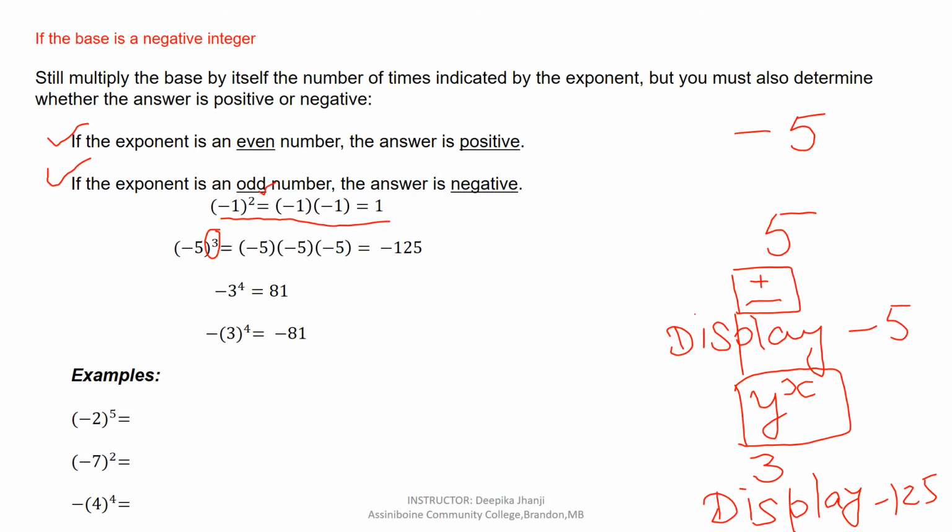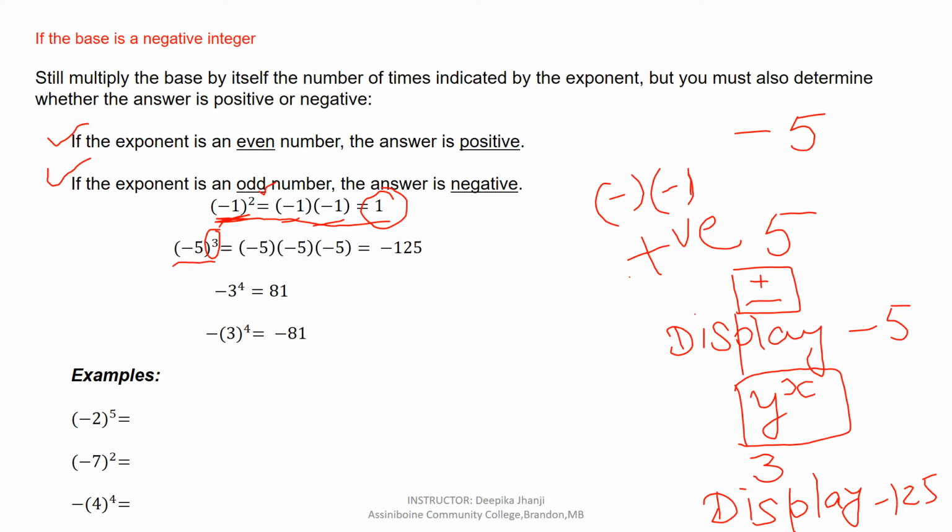If we expand this exponential form, what do we get? -1 times -1. And we have learned in integers that negative times negative is positive. So our answer will become positive.